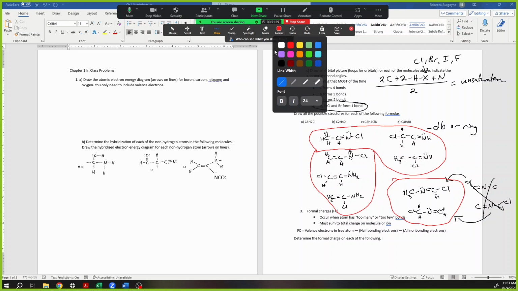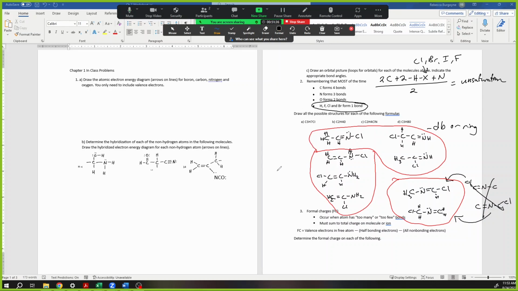And now we haven't come up with any rings, and we can. So one last one that I can think of. Carbon, carbon, nitrogen. And then, let's see here. Oh dear. Chlorine could be on any of these. So that's 3 options.